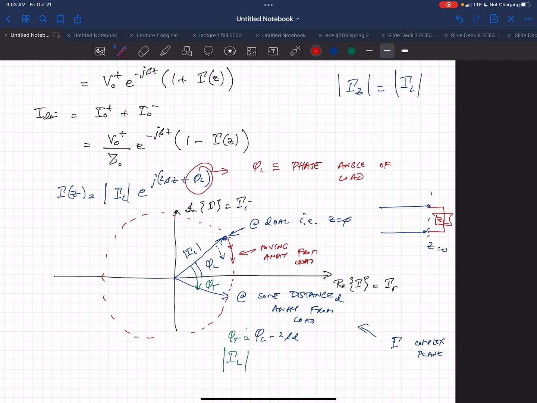It looks like it's going to trace a circle. The circle's amplitude is always the load reflection coefficient, and as I'm walking away from the load, it's going to be going in circles. So that's the behavior of the reflection coefficient.